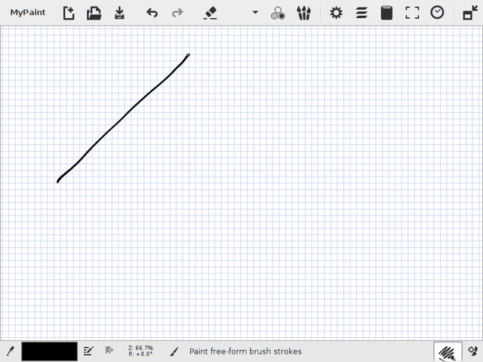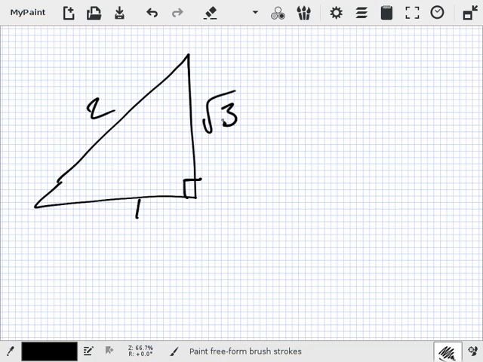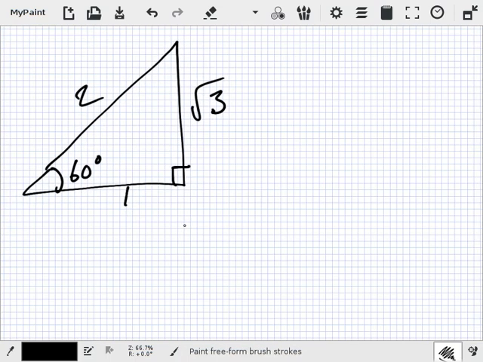So let's say this right angle triangle here. In this right angle triangle, this side is 60. What's really nice about sine, cos and tan is that your calculator can tell you from just the angle what the ratio is.